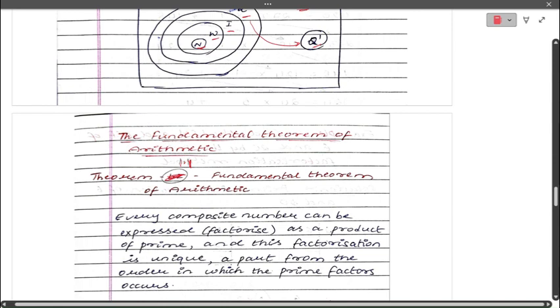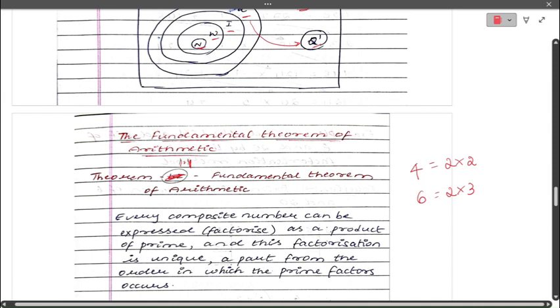And this factorization holds good only for that particular number, irrespective of the order in which the factors are multiplied. So for example, let us take 4. 4 can be written as 2 into 2. Let us take 6 as an example. 6 can be written as 2 into 3. So 2 into 3 is only 6.